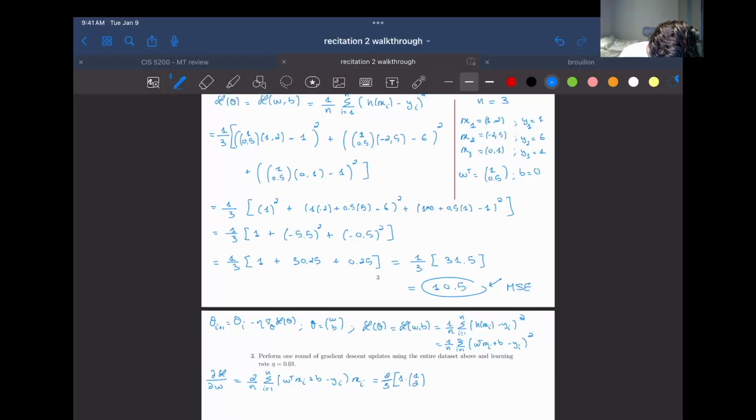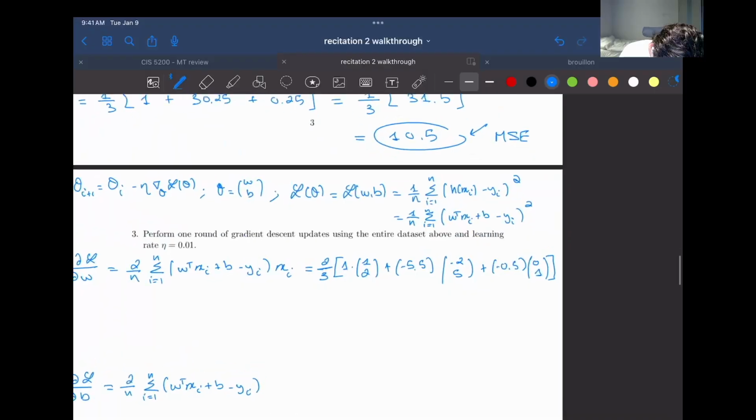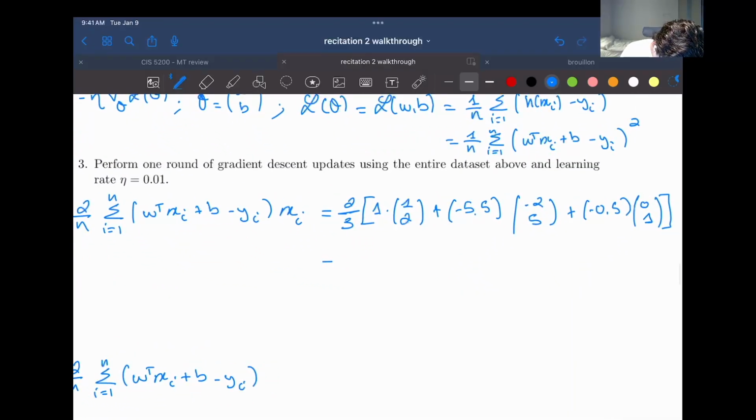Let's take the transpose for simplicity for now, plus minus 5.5. And then what's x2? It's (-2, 5). And then minus 0.5, right? Yes, here. Times (0, 1). Okay, hope this is right. This is equal to 2/3.